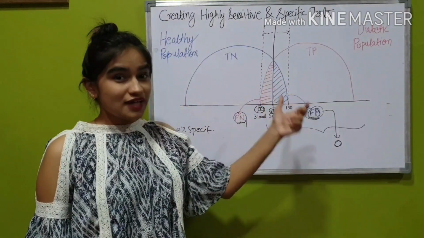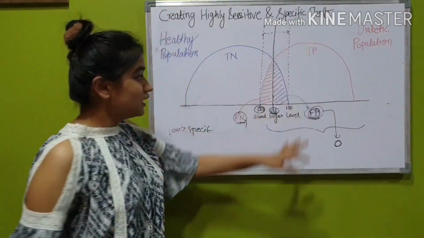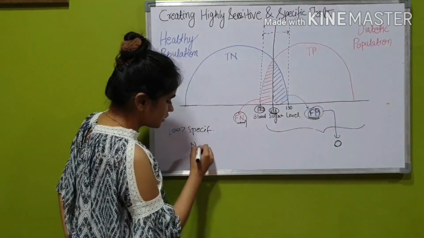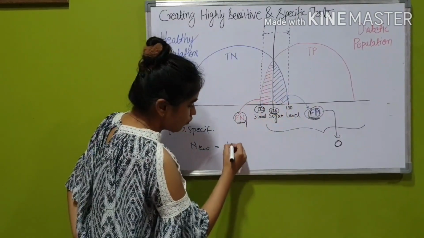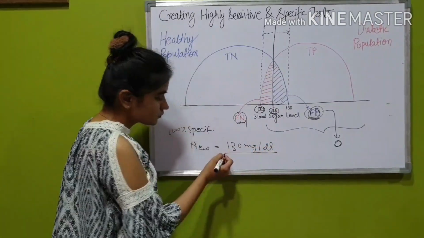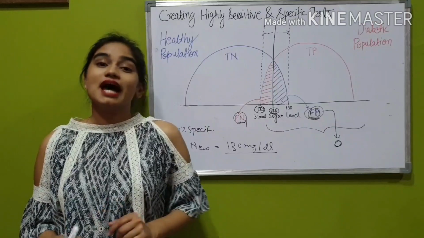In order to do that, we will shift our cutoff point to the end of the normal curve. That means our new reference interval will end at 130 milligram per deciliter. Hence, this will exclude all the individuals who do not have the disease.